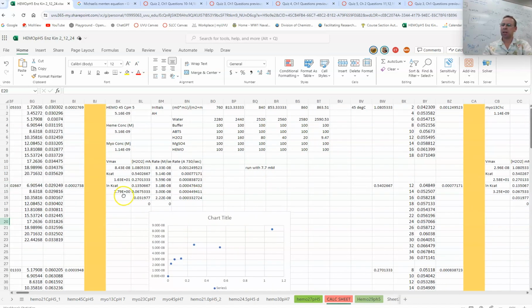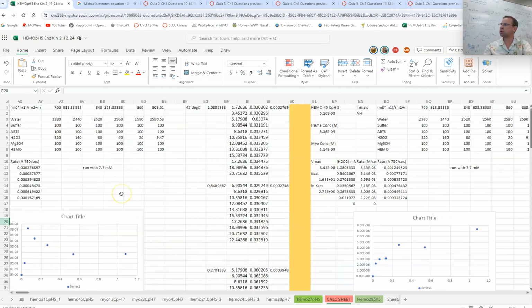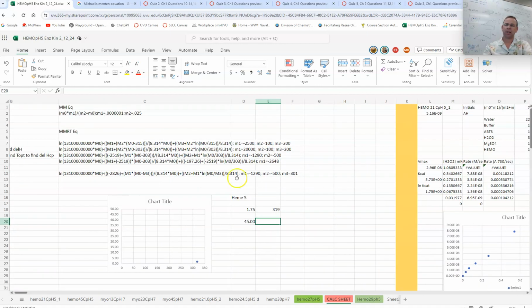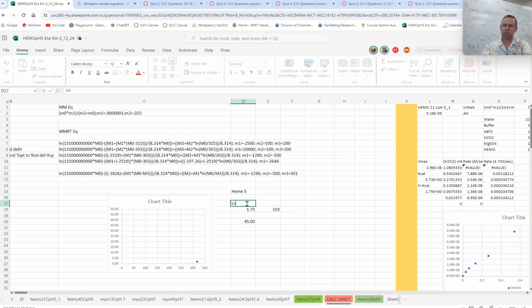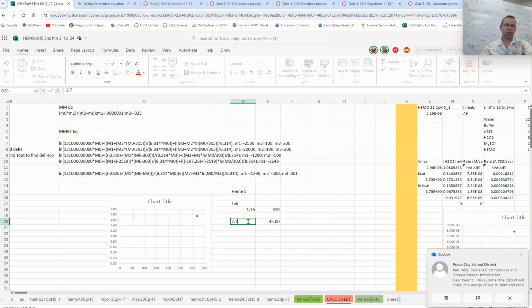It's 2.79 times 10 to the 0, so it's just 2.79. Okay, so this actually looks like the natural log of the rate, little k. 2.79.